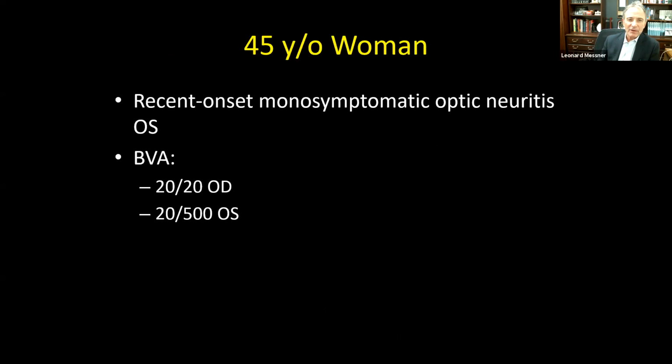So here's a 45-year-old woman with a recent bout of demyelinating optic neuritis in her left eye. Visual acuities are 20/20 in the right eye, 20/500 in the left. To go along with that, she has an afferent pupillary defect on the left side. She also has pain on eye movement.